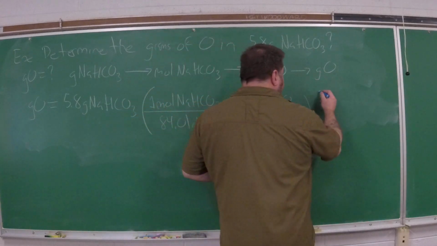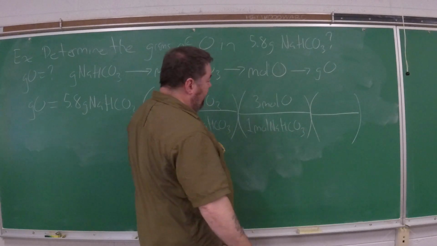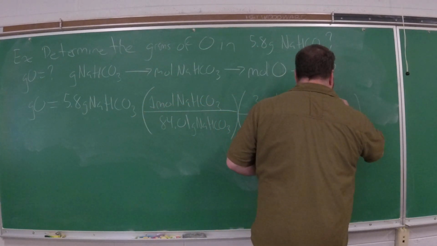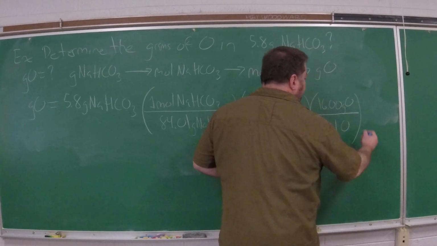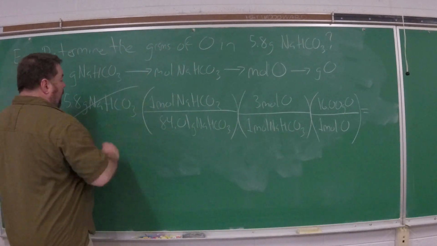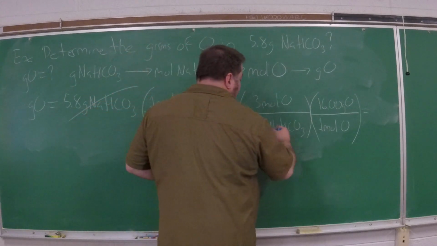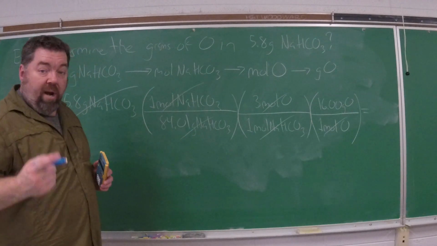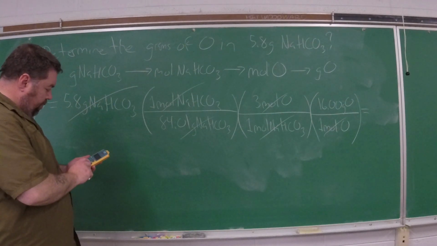And then I want grams of oxygen, so I'm going to use the molar mass of oxygen. I want moles to cancel, so I put moles down here, and I put 16 grams up there. Barely had enough room. Grams of NaHCO3 cancels, moles of NaHCO3 cancels, moles of oxygen cancels, leaving us with grams of oxygen, exactly what we want.